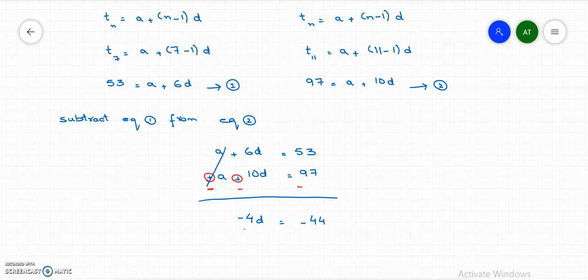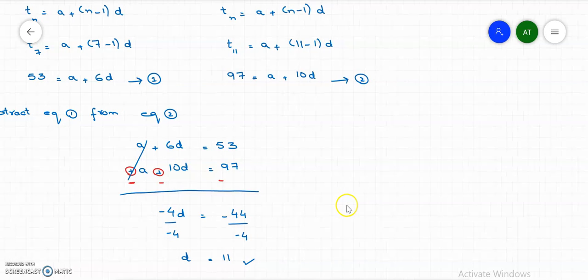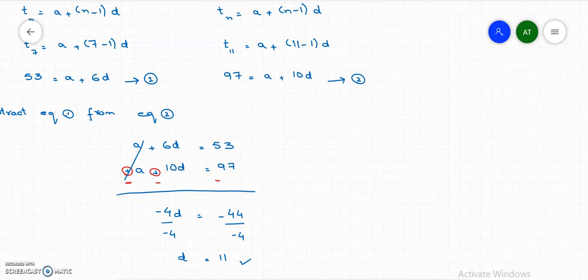To solve for d, we divide both sides by negative 4. Negative 4 divided by negative 4 is 1, so we are left with d, and negative 44 divided by negative 4 equals 11. So the d value we have is 11, right? Now just substitute the d value into your first or second equation and get the a.